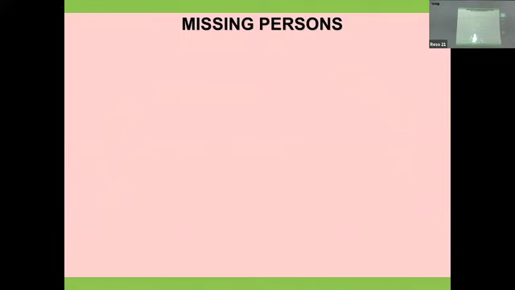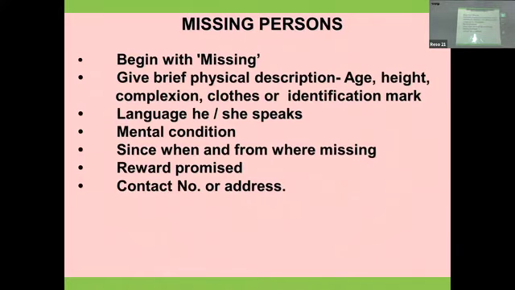Now, one more type: missing person, लापतागंज. The points to be highlighted: begin with Missing.